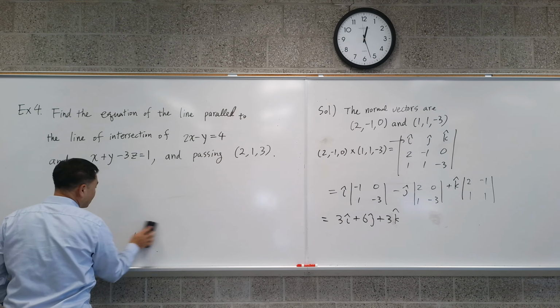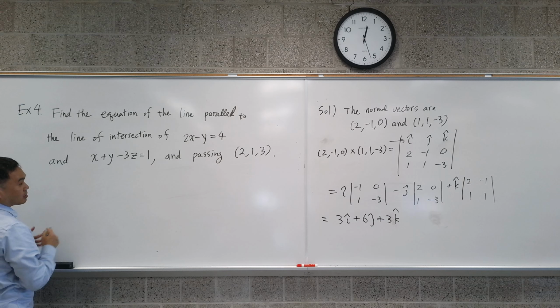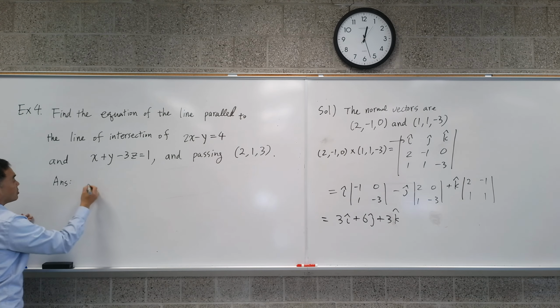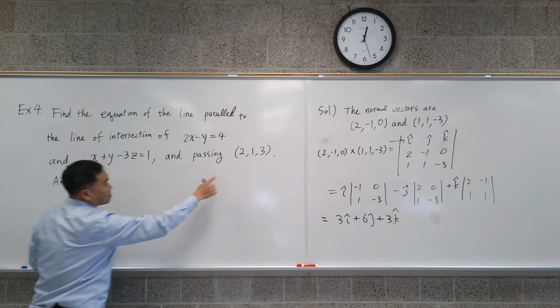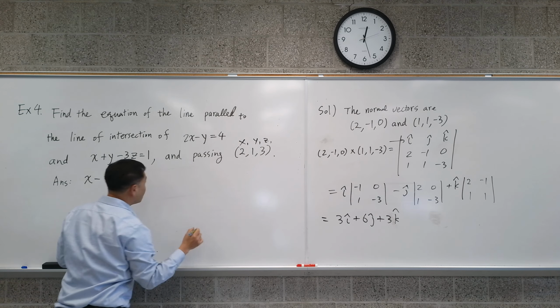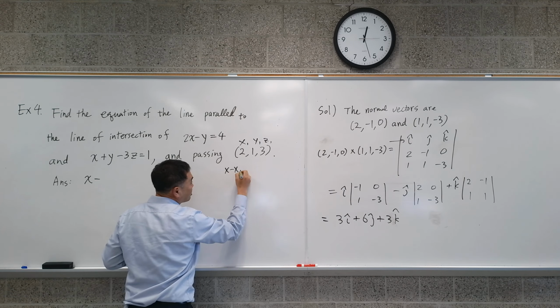And you're pretty much done, because now you can say that the answer is: it passes through (2, 1, 3), so that's going to be x1, y1, z1. And the formula for the line equation is this.